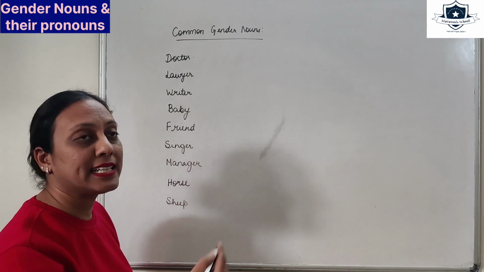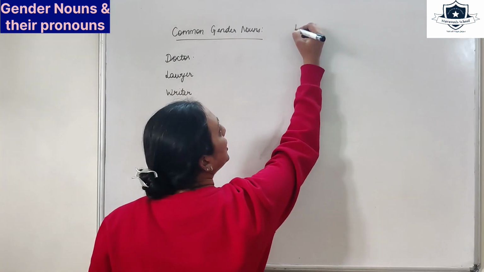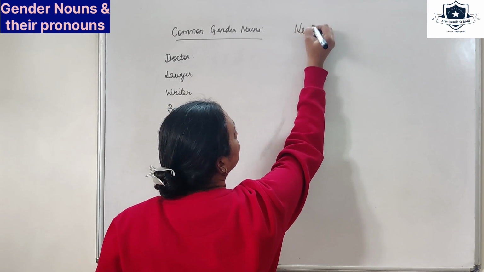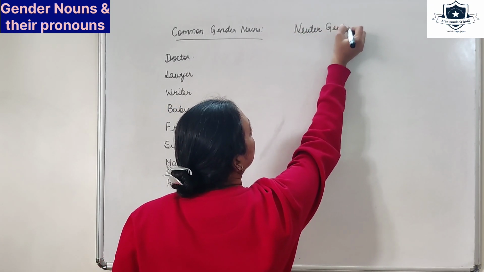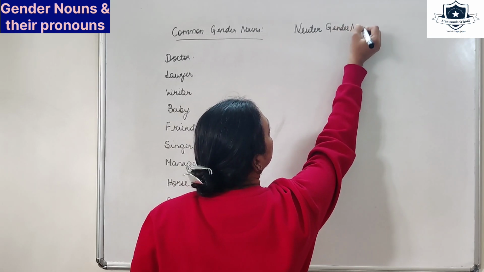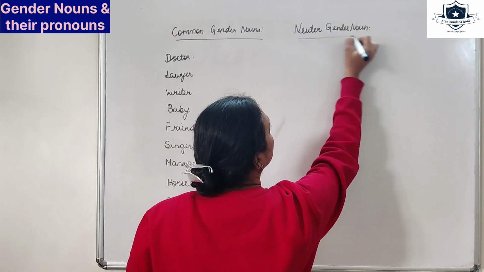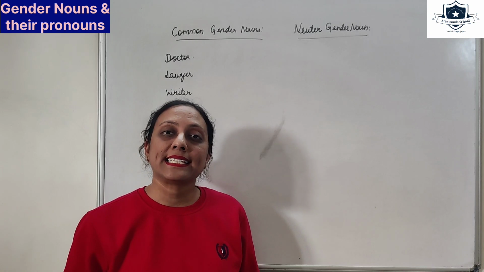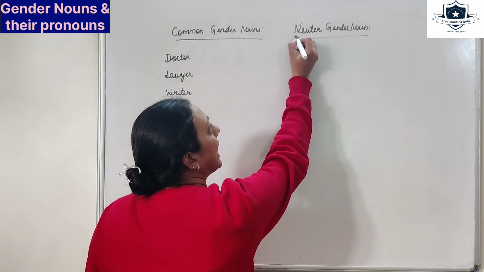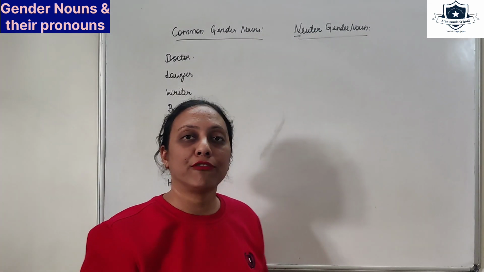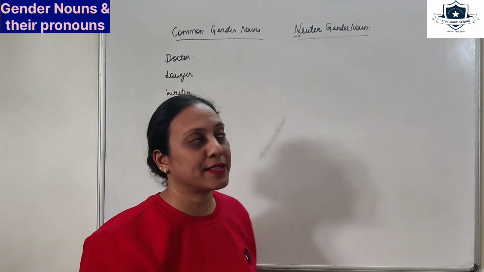The next category, that is the fourth category, is the neuter gender noun. Neuter, N for neuter, N for non-living things.